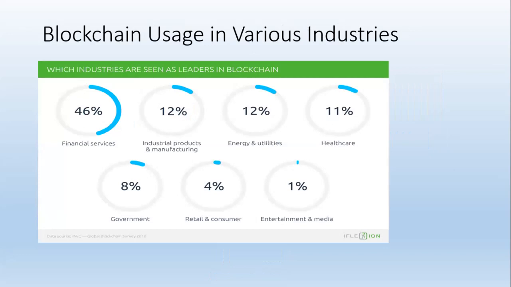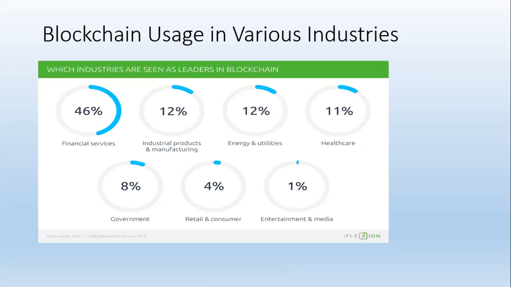So this slide tells you, according to the 2018 survey conducted by Global Blockchain Survey, these are the industries that have come forward to adopt blockchain technology. In that, financial services are more towards blockchain technology. Next is industrial products and manufacturing.